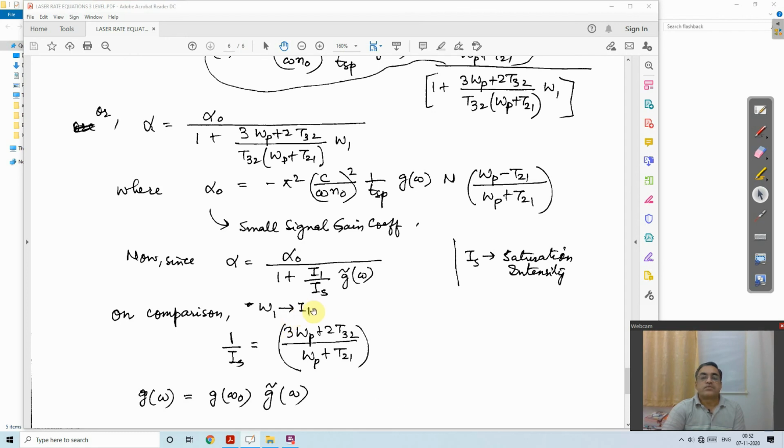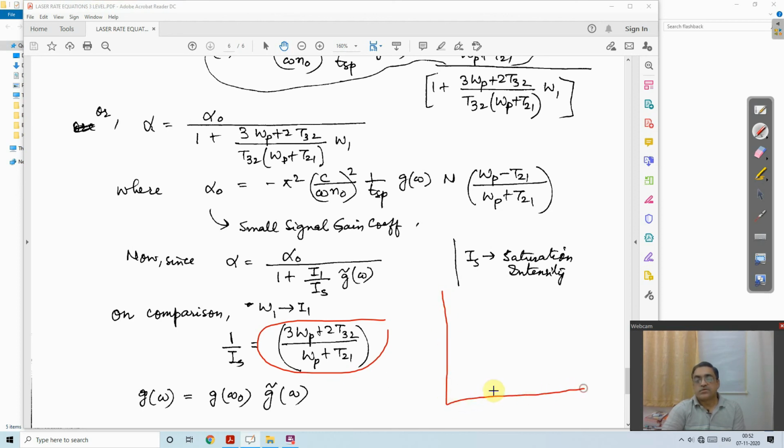W1 is equal to I1, and I saturation is the inverse of this thing, and G omega is equal to G omega naught G tilde omega.